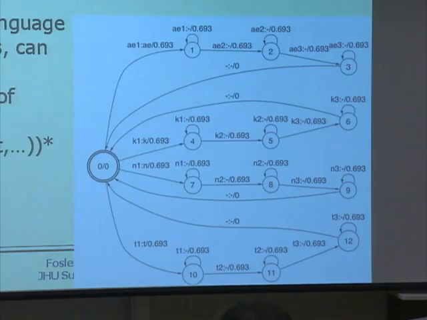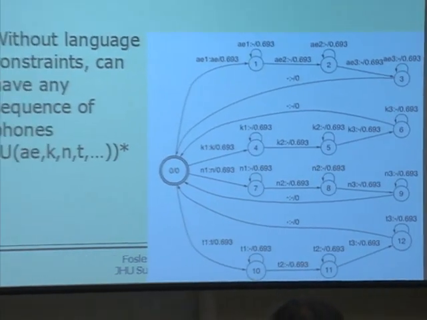Now this will also allow a sound to follow itself, which sounds a little odd, but it turns out that it's important for situations where you've got a sound ending one word and a sound beginning the next word. So what we like to call the double S problem.